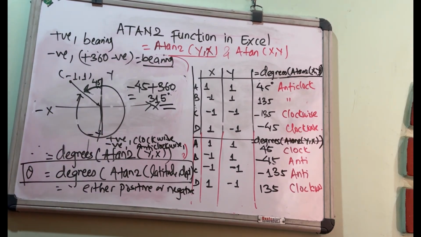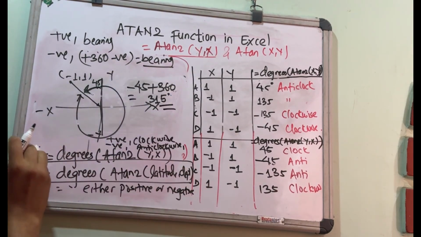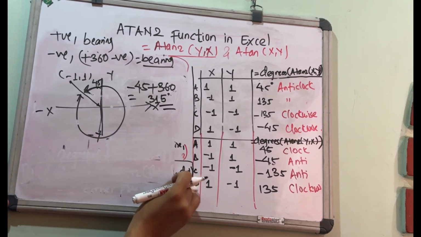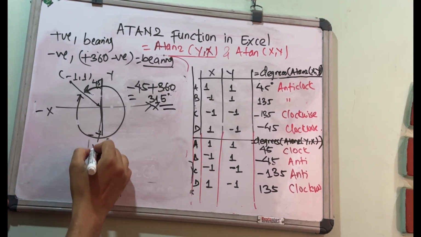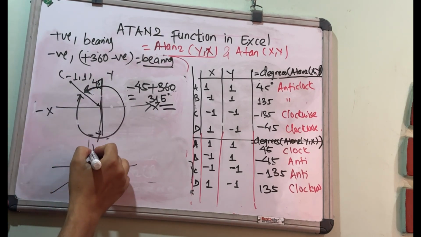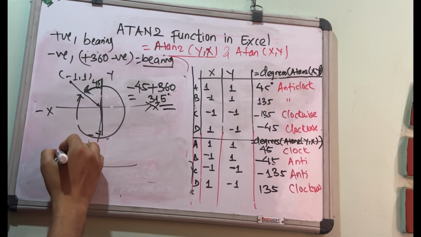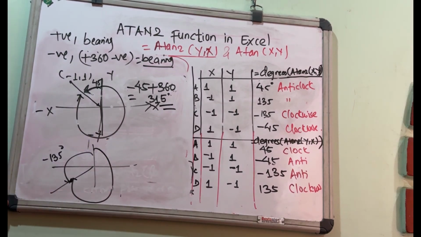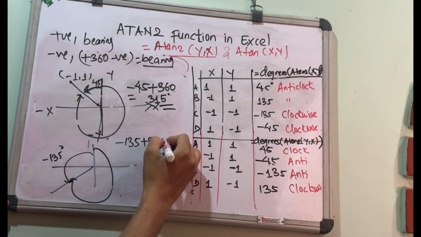Is it okay? In a similar manner, if the value is minus 135 degree, so minus is what? Anti-clockwise from this. So minus 135 degree, right? Then you need to get the bearing, isn't it? So that will be minus 135 degree plus 360 degree.